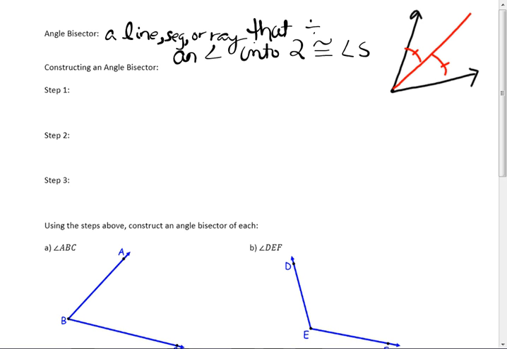Okay, now, if you think about it, there's only one place to put your compass on your angle, at the endpoint. So, place the compass point on the endpoint.